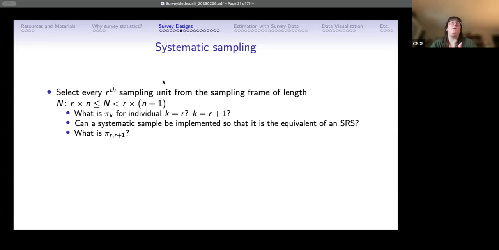And we can't calculate certain things like variances in survey sampling if any pi k is 0. We also can't estimate our point estimates because the weights that we use are 1 over that probability. You can't divide by 0. So we're limited in that sense.